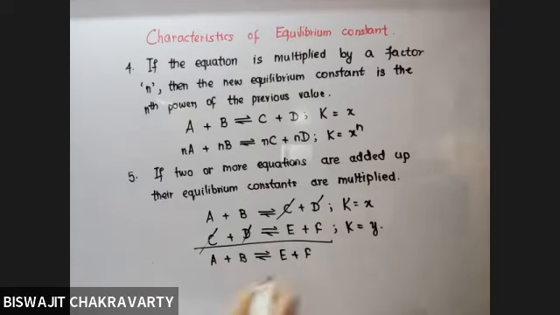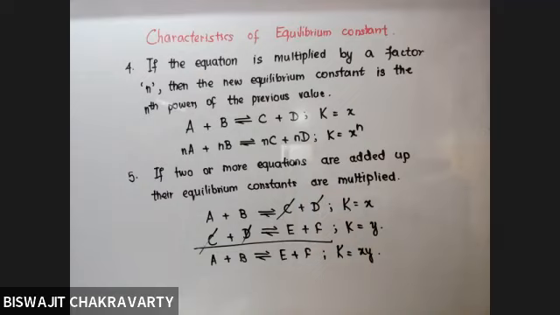So what will be the new equilibrium constant? When you add up the two reactions, you are supposed to multiply the two equilibrium constants. The same way, when you subtract the two equations, the equilibrium constant will be divided.